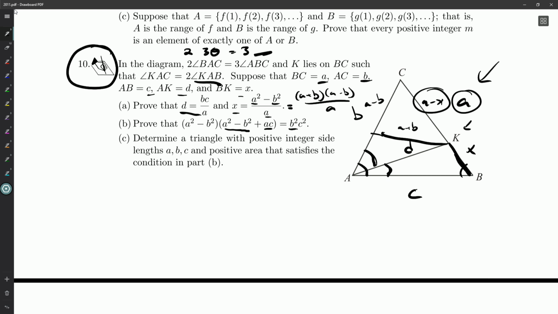Two times 3 theta, 3 times 2 theta. This whole thing was a 3 theta. This has got to be a theta. That's got to be a theta. This has to be a full 2 thetas.